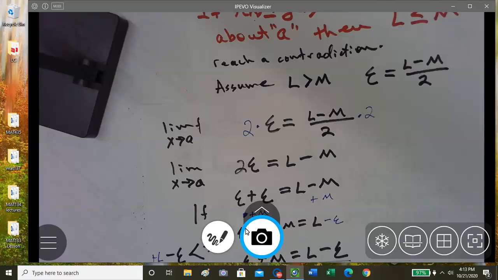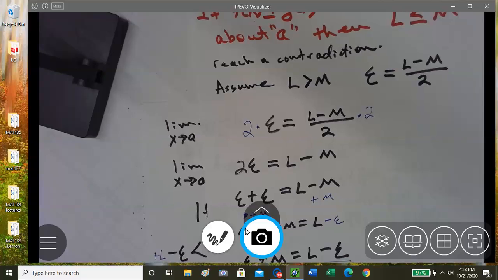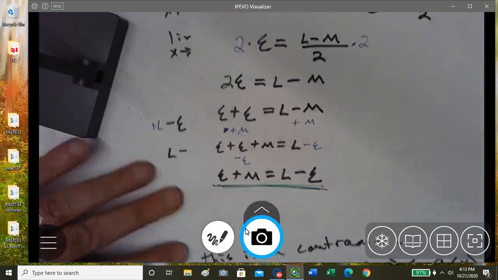This is a contradiction. Therefore, f of x is less than or equal to g of x, where L is less than or equal to m.